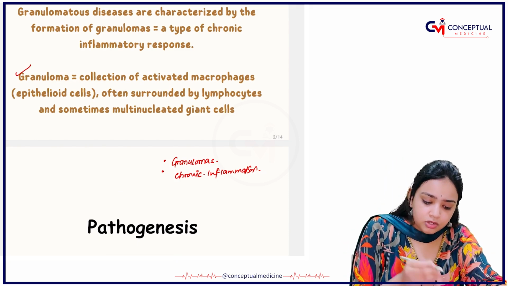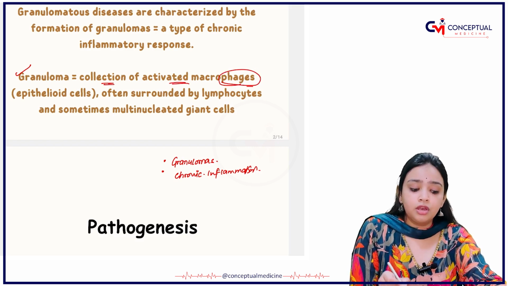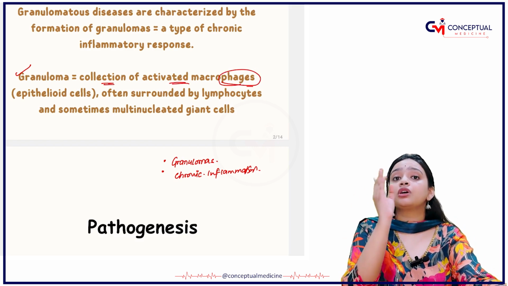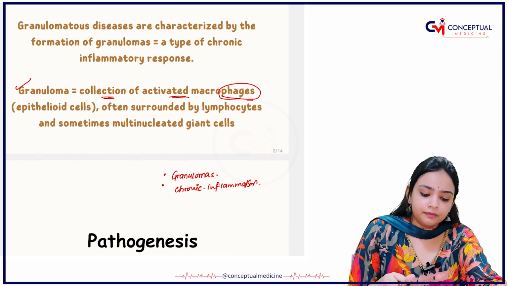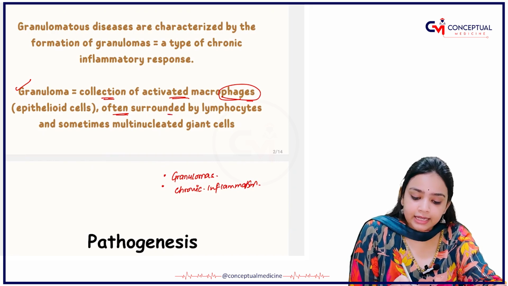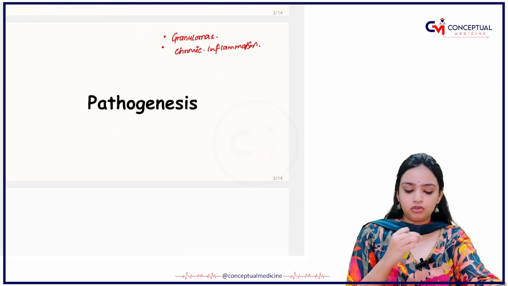What are granulomas? Granulomas are nothing but a collection of activated macrophages. And I have told you that macrophages are mainly responsible for the fight mechanism of your body. These macrophages are basically surrounded by lymphocytes and sometimes by multinucleated giant cells for their protection.